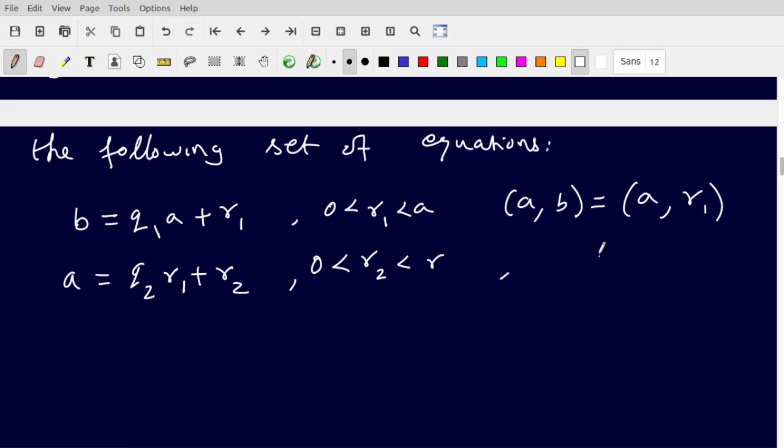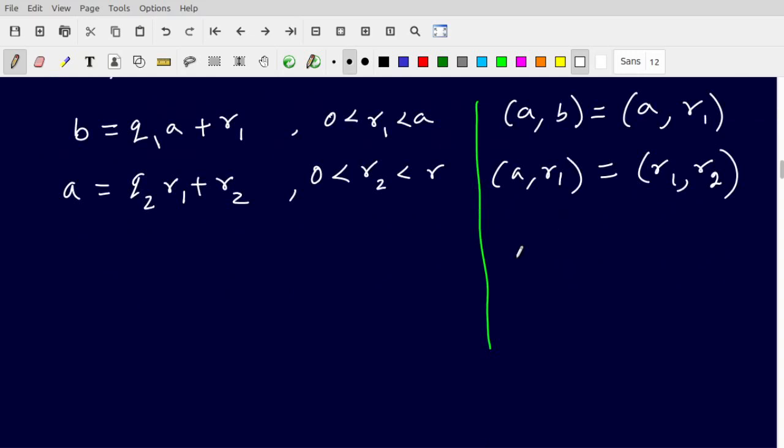Here we replace the bigger number by the remainder R2, so (A, R1) is replaced by (R2, R1).